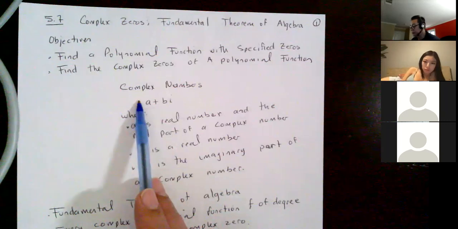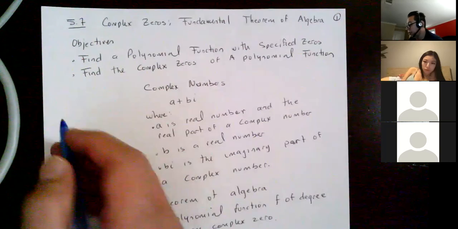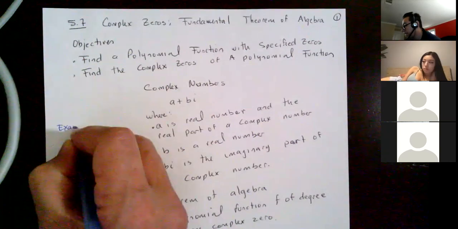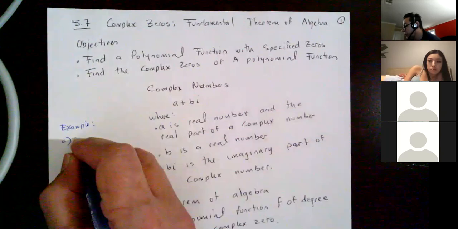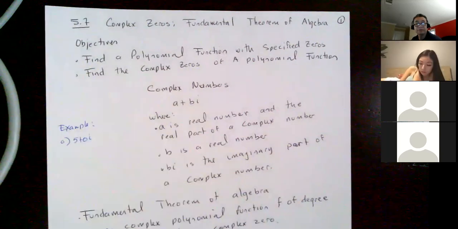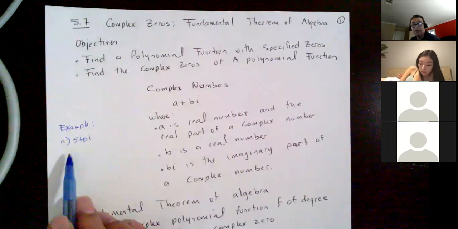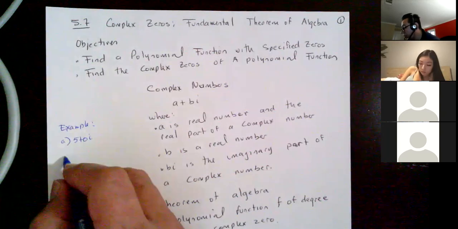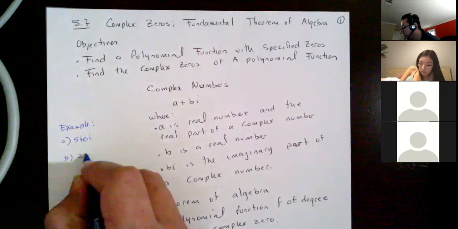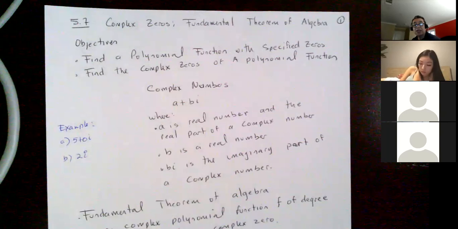So let me write something here. For example, examples of complex numbers. I can write 5 plus 0i. That's a complex number, but notice the 5 is an integer. The 5 is a real number, okay? I can write b as 2i. Imaginary numbers are complex numbers, by the way.